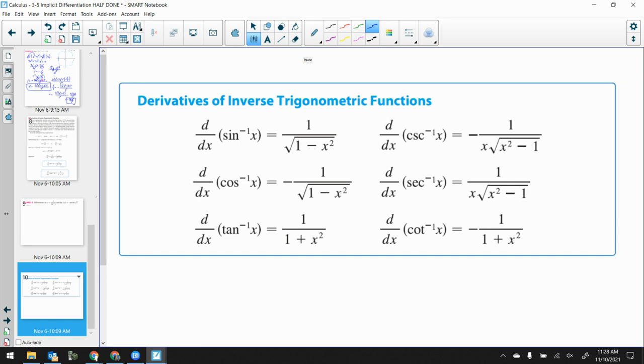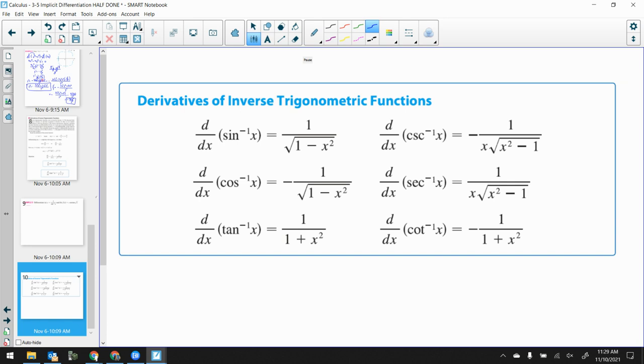Now, we had the negative when it was cosine, and now the negative goes with cosecant. And I'm actually just seeing this pattern as well. This is cool. Back in our derivatives of trig, the cosecant, the cosine, and the cotangent all had the negatives. Same thing is true here. The cosecant, the cosine, and the cotangent all have the negatives in front. The sine, the secant, and the tangent do not have those negatives in front.